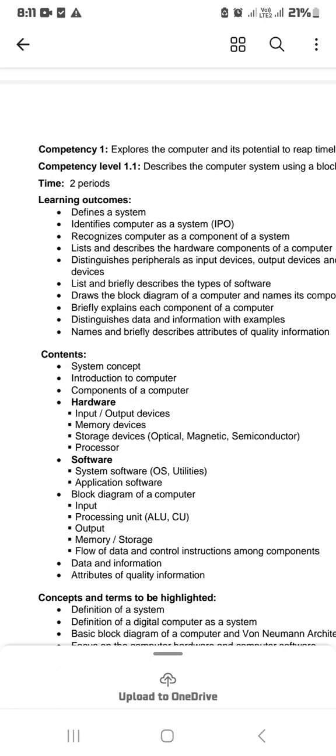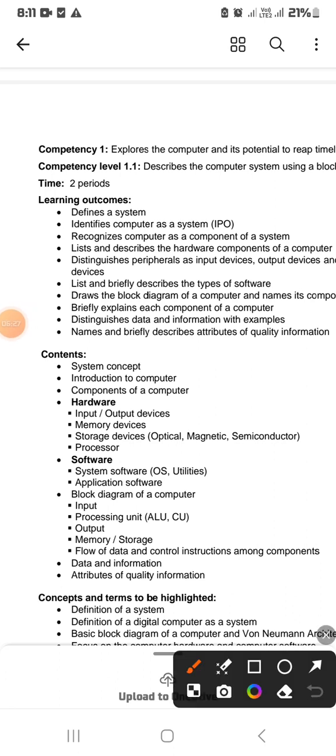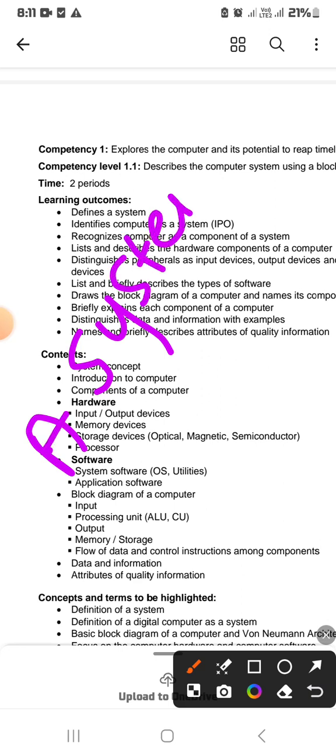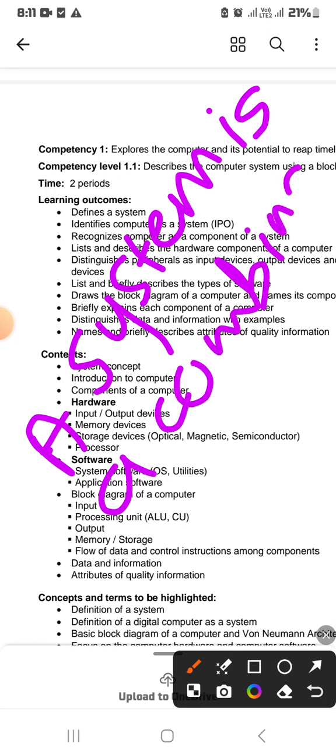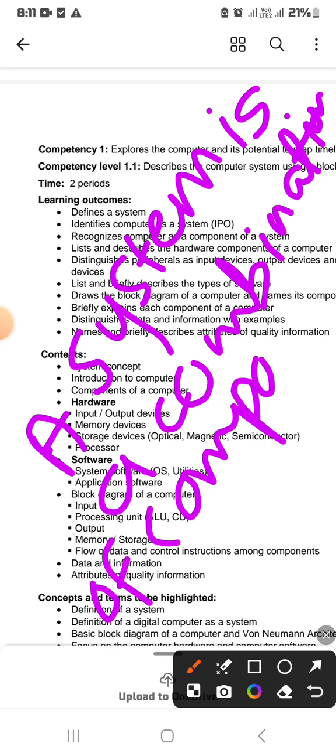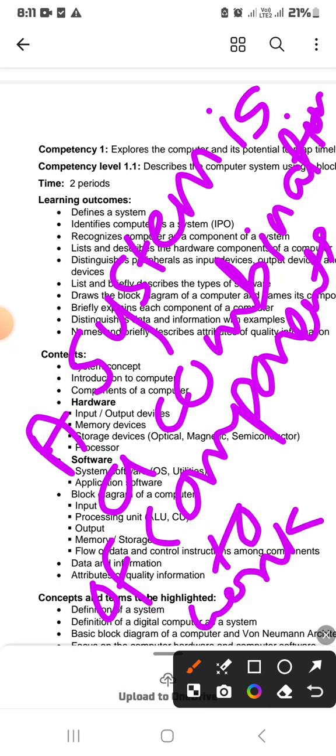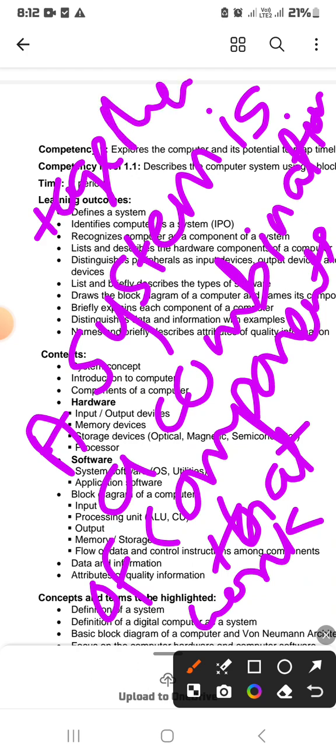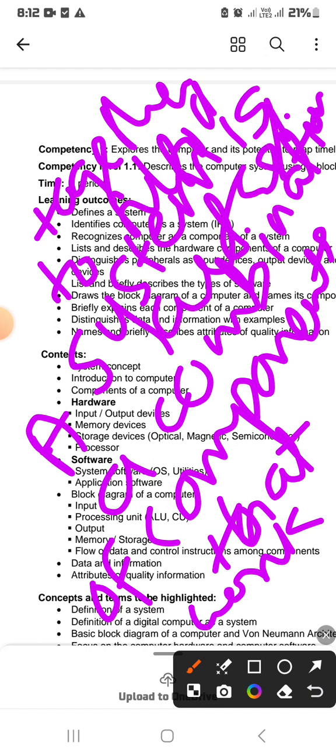I will write it. A system is a combination of components that work together to fulfill a task.